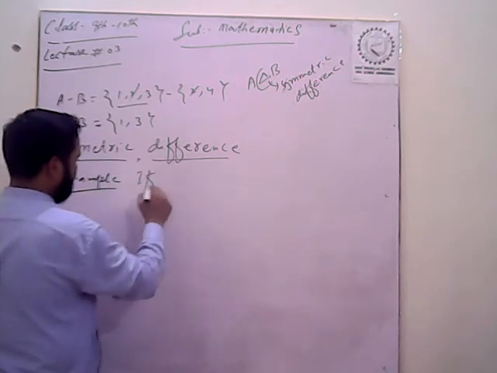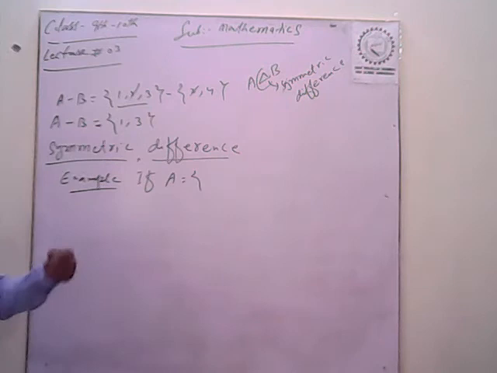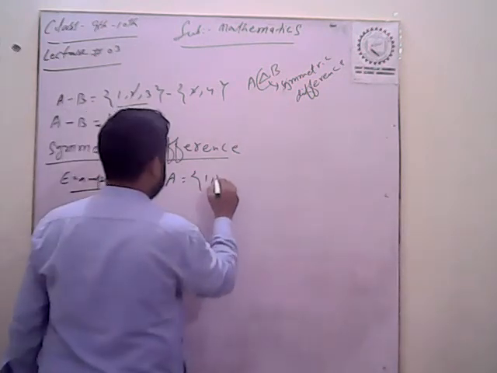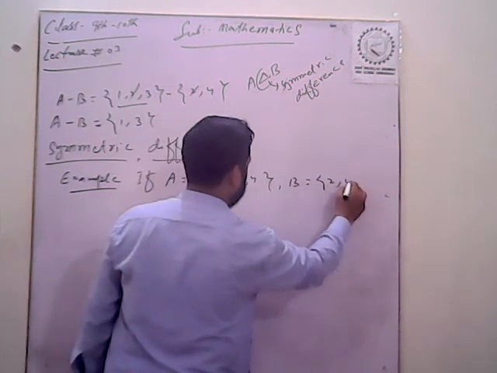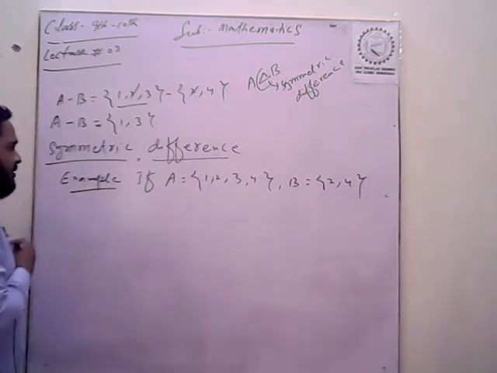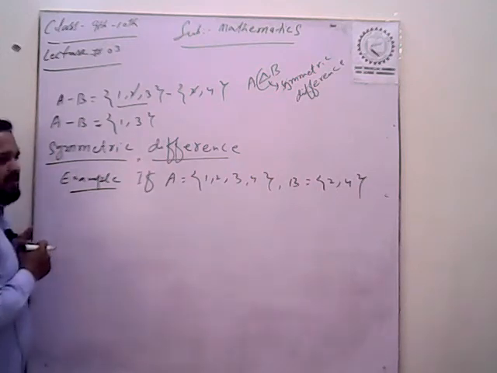If A is equal to {1, 2, 3, 4} and B is equal to {2, 4}, we solve by symmetric difference and by definition.